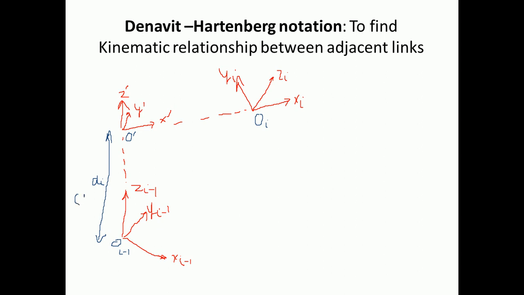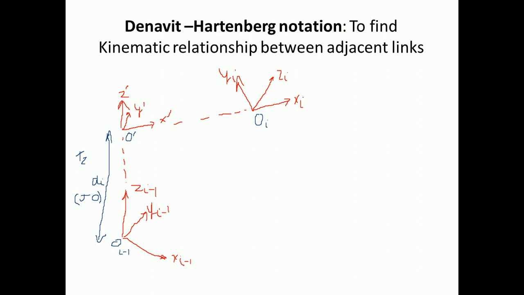Okay, I am writing the short form, that is joint offset. Okay. And the homogeneous transformation matrix which we have to write, we show by T, and the direction in which we have to do translation for tracing the distance di is z over here. Okay. So this frame is going to reach O dash.